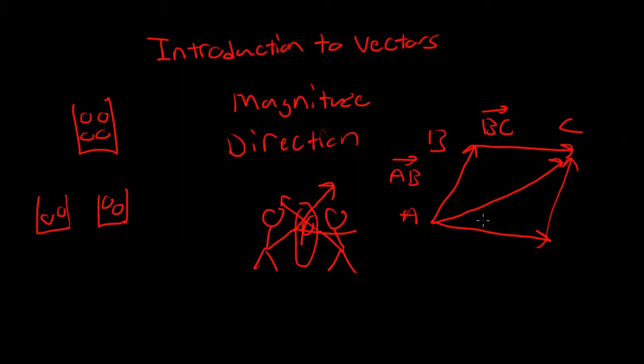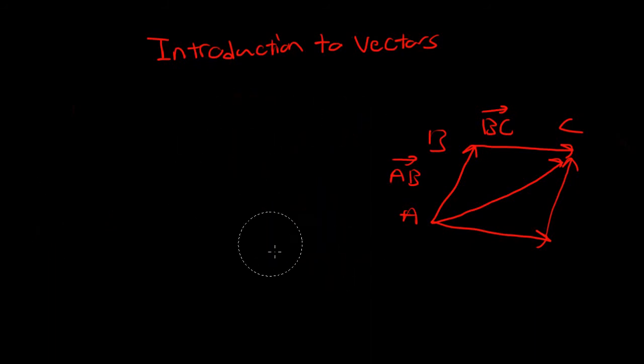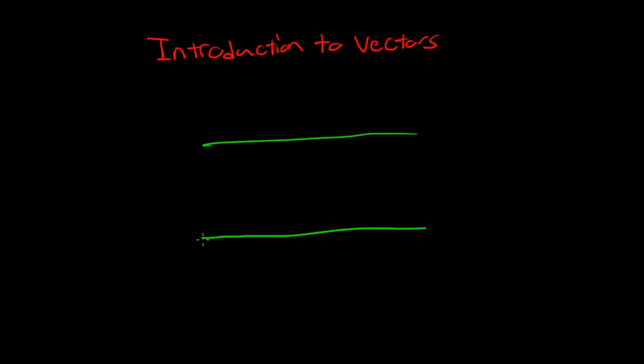Alright, now, where do these come from? Say, if we take another example, like where do we see vectors being used? So if we get rid of this. Alright, we'll say that we have, let's change our color. Say that we have a bank here, and we have some water in this river.